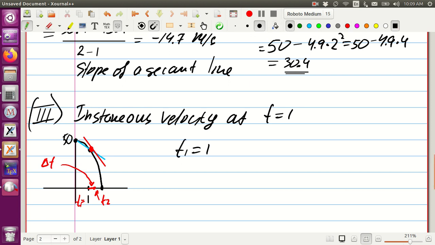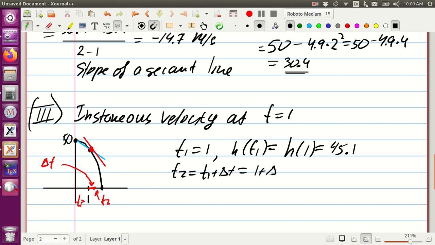So t1 is equal to 1. h of t1 is equal to h of 1, and we calculated before it was 45.1. And now t2 will be t1 plus delta t. So it's going to be 1 plus delta t because t1 is equal to 1.